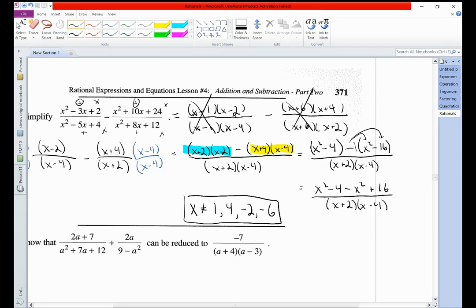So now you can see that x squared minus x squared cancel. -4 plus 16 is 12 over x plus 2, x minus 4. And that's as far as we can go. So there's the simplified version of our rational expression and our non-permissible values.